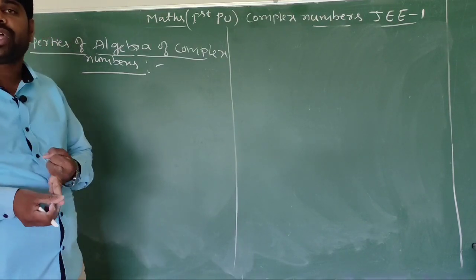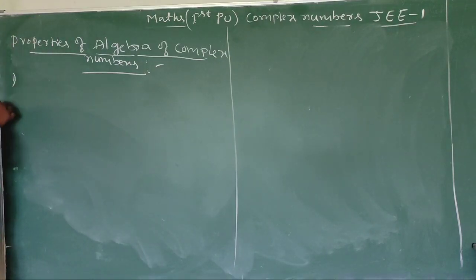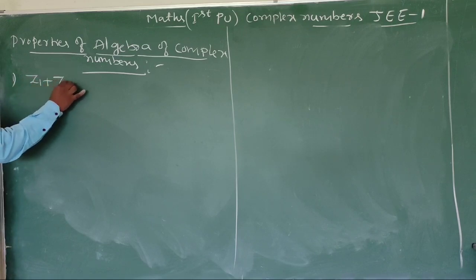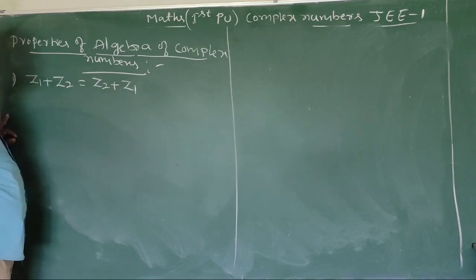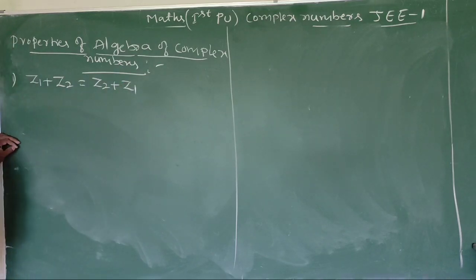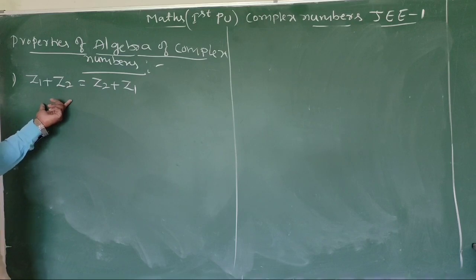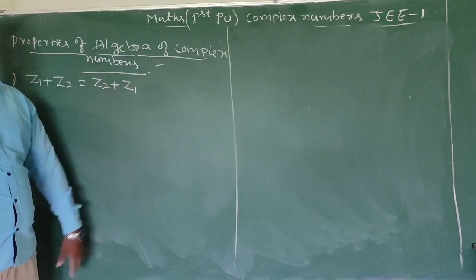First property is commutative law, that is z1 plus z2 is equal to z2 plus z1. This is the first property. When you substitute z1 is equal to x1 plus iy1, z2 is equal to x2 plus iy2, you will get the same number, that is z2 plus z1.